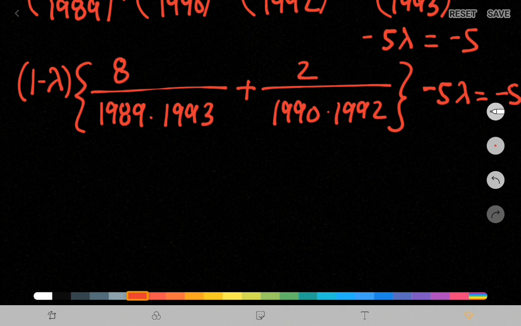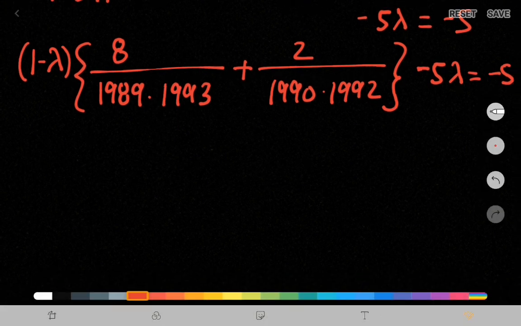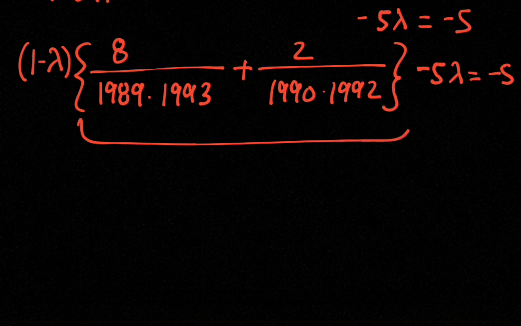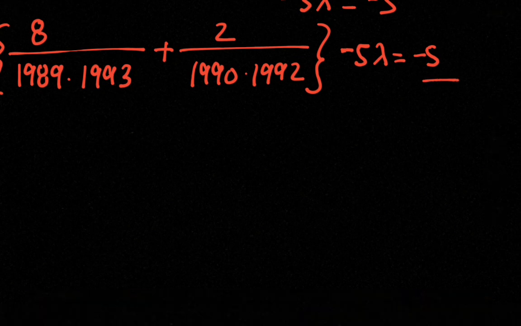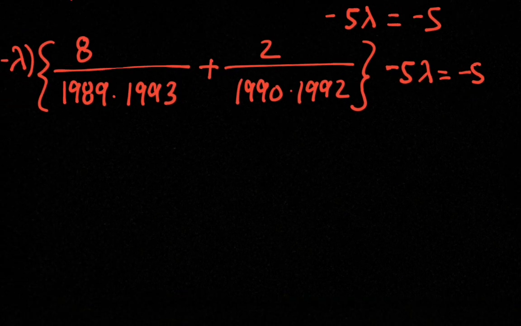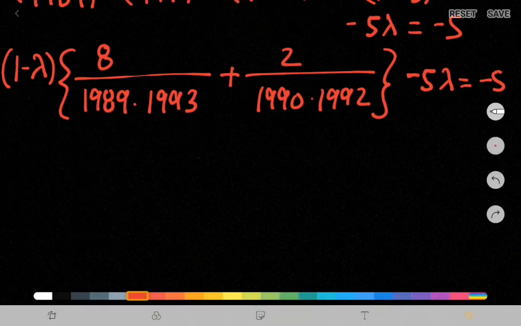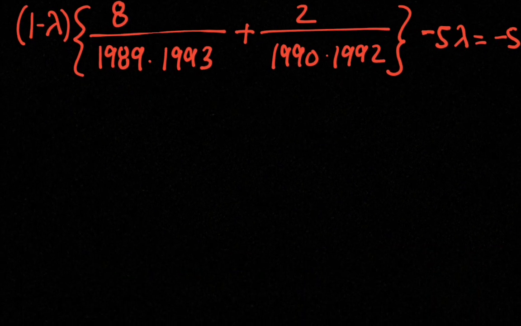Okay, from here it is obvious that lambda must be 1. Why? Because this is not an integer, and this is not an integer, but the RHS, the right hand side of the equation, is integer. So LHS must be integer. For LHS to be an integer, lambda must be 1 to vanish this thing. Okay, because this is not an integer.